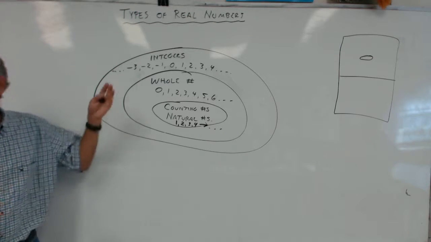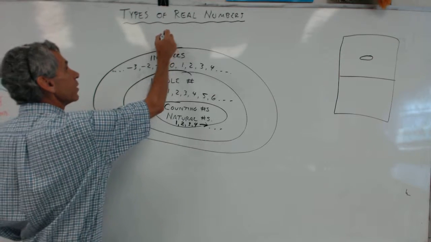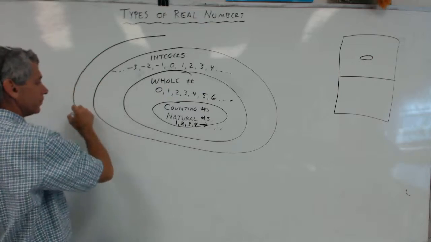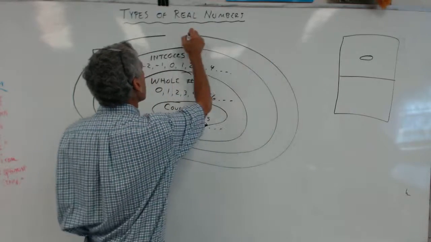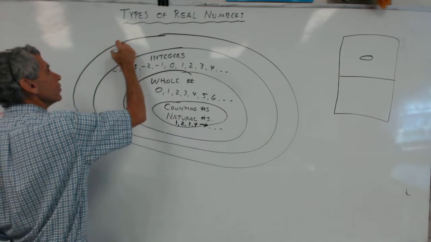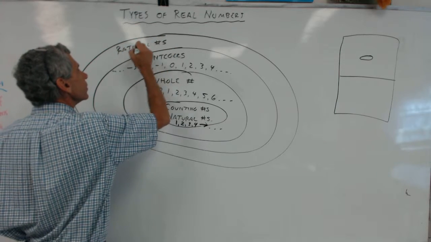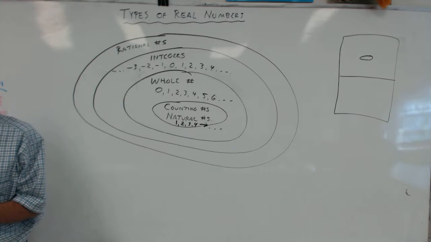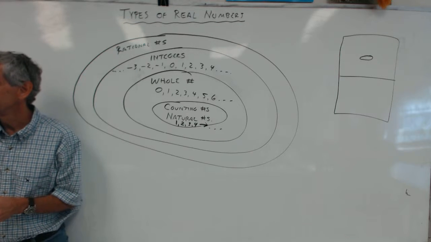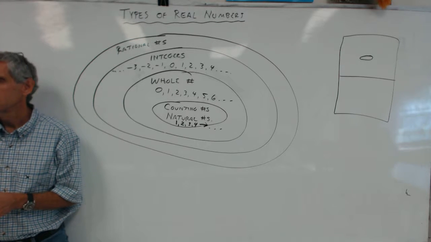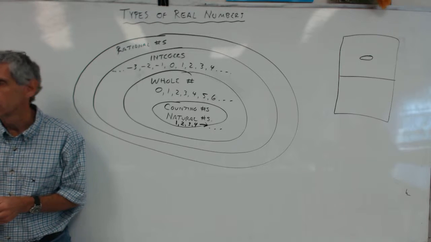All right. So far that's that. Then there's another category called rational numbers. What is the root of rational? Ratio. What's a ratio?